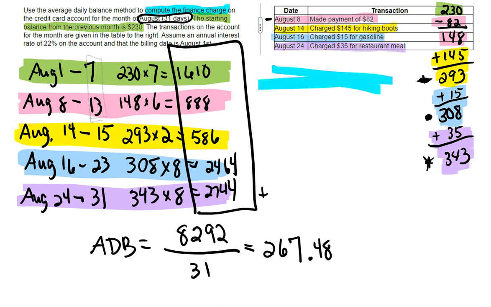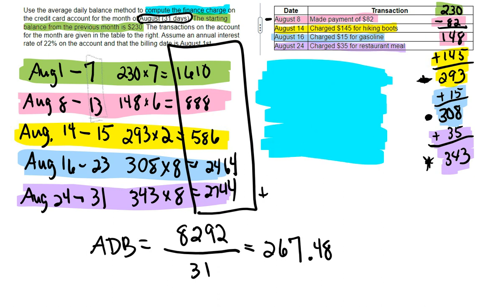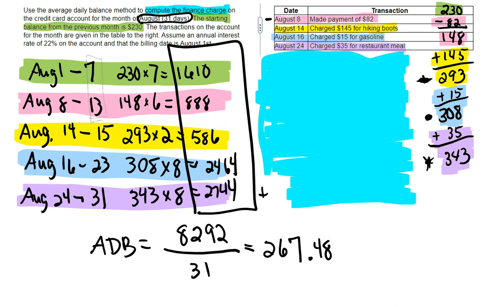Finance charge is the same thing as interest. So in simple interest, and remember, simple interest is principal times rate times time. Our principal is what we just calculated, the $267.48.